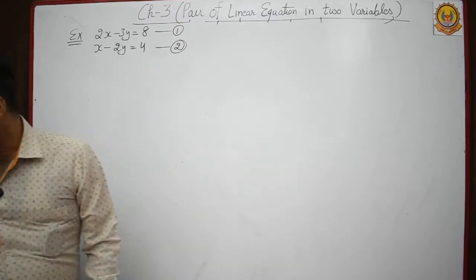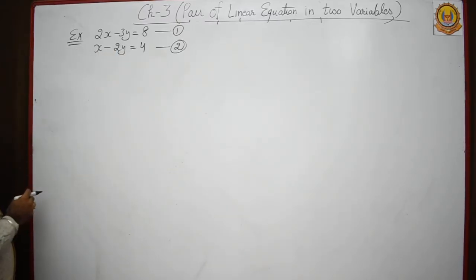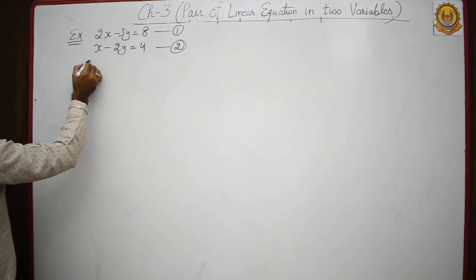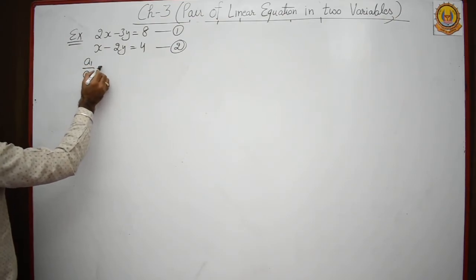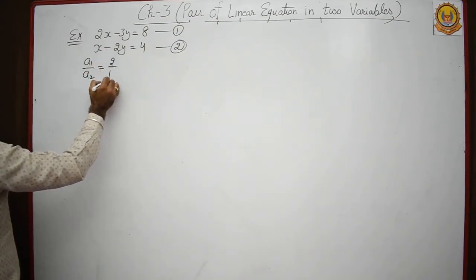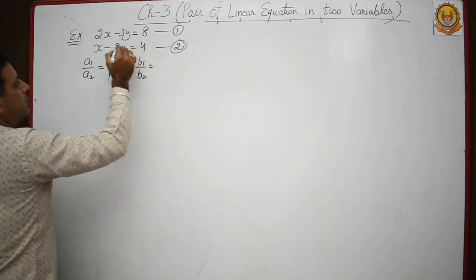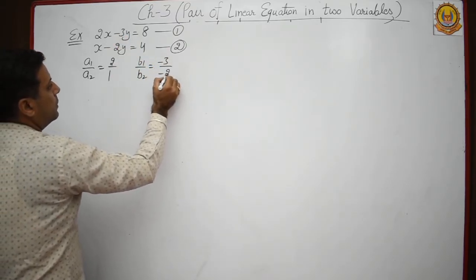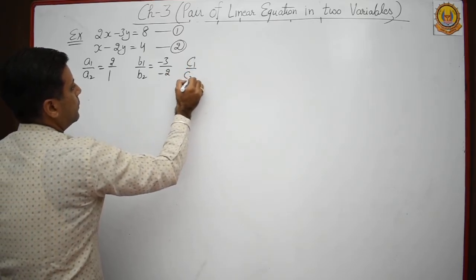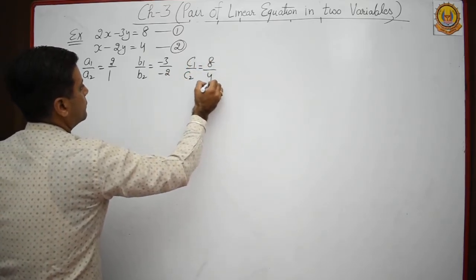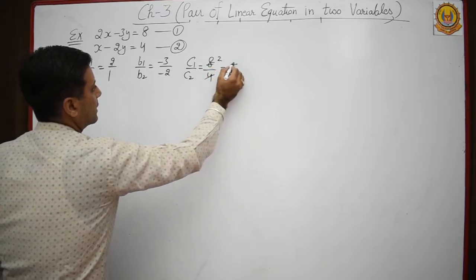Now I am going to take examples. Firstly, I will check what type of graph I will get by comparing the ratios a1 by a2. So a1 is 2, a2 is 1, then b1 by b2, that is -3 by -2, then c1 by c2, that is 8 by 4, which you can solve, that is equal to 2.